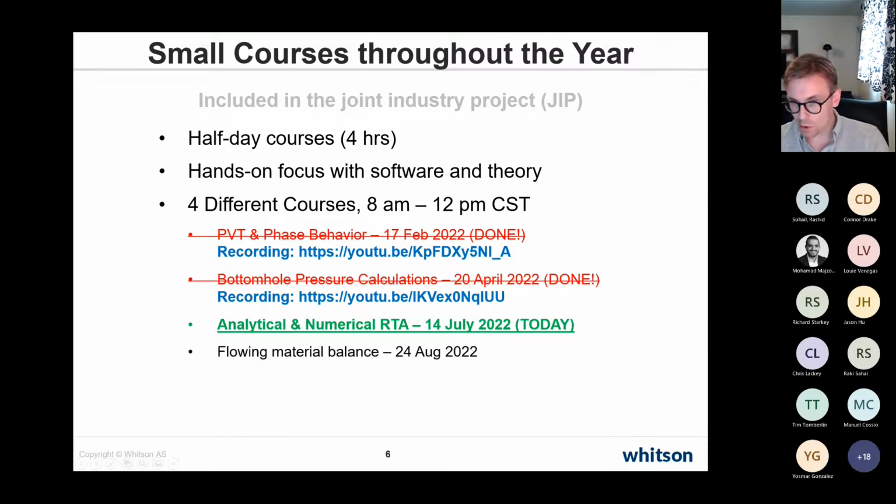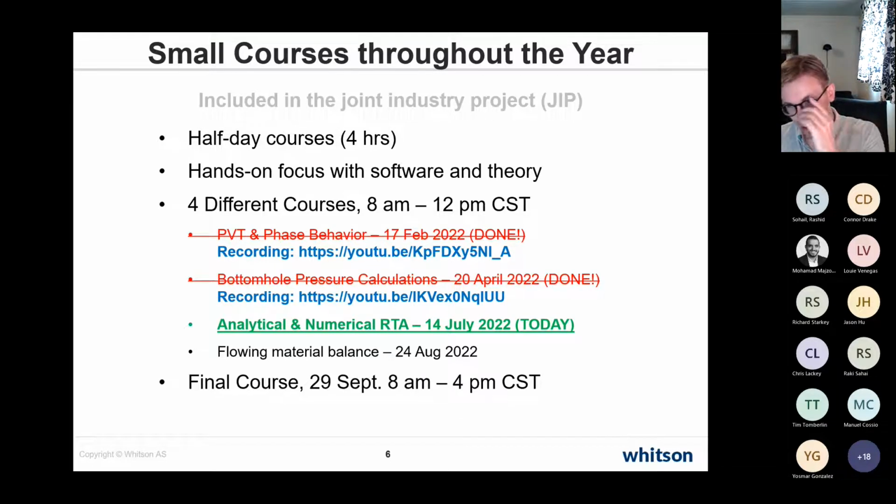Next month, there's a similar course, but it's dedicated to flow material balance only. We'll mention a few things about flow material balance today. That's the methodology that comes out of Cimarex with Leslie Thompson and Barry Ruddock and Narayan there. So that's going to be much more in depth on some of the theory, but also a bunch of different use cases and a lot of use of this recovery factor analysis feature that's coming in tandem there.